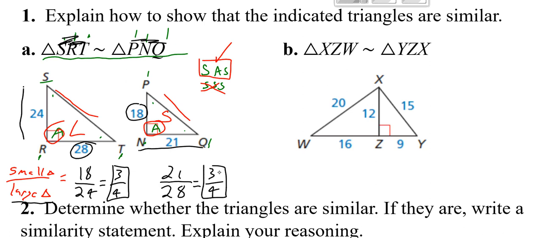So we know by side angle side similarity. Okay, so for my next triangle, it looks like I have all 3 sides that I need in proportion, so I'm thinking I'm going to be using side similarity, but I need to make sure that I set this up right.